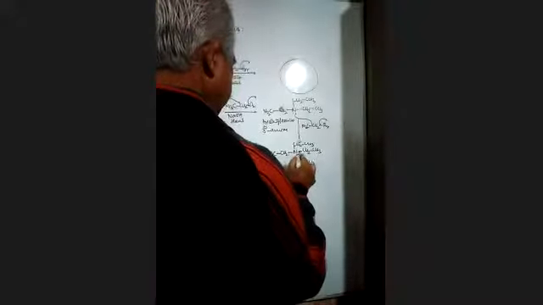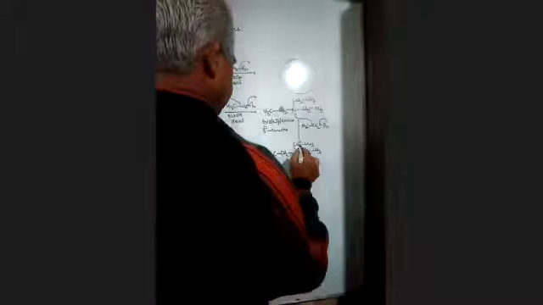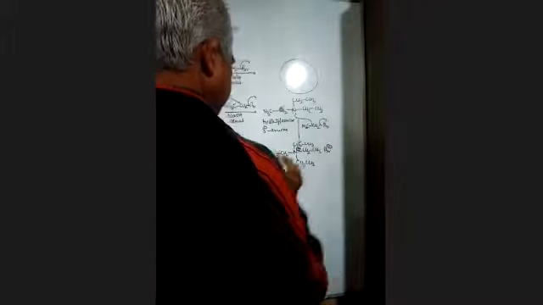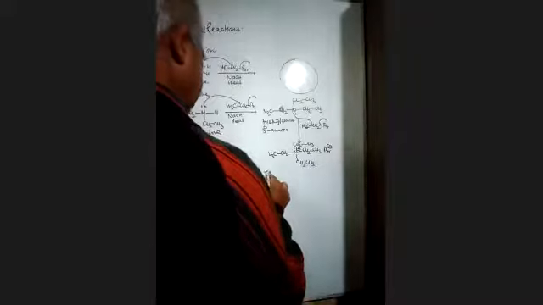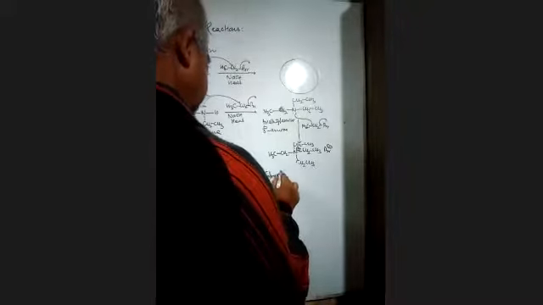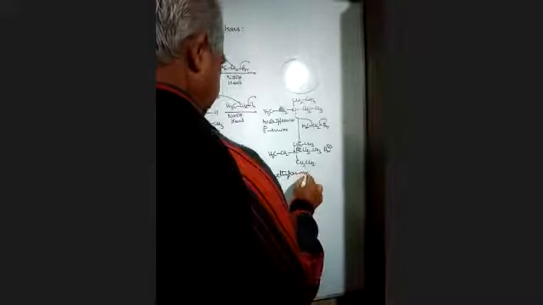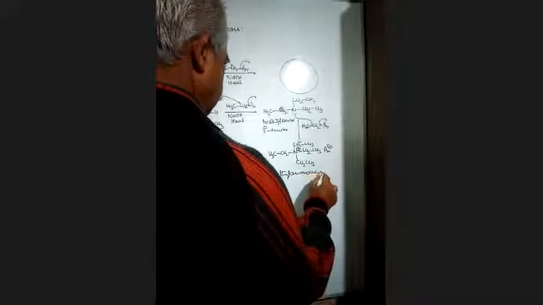See, it becomes quaternary. You have to put a positive charge here. And for that, I have to write here Br. So it is called tetraethyl ammonium bromide.